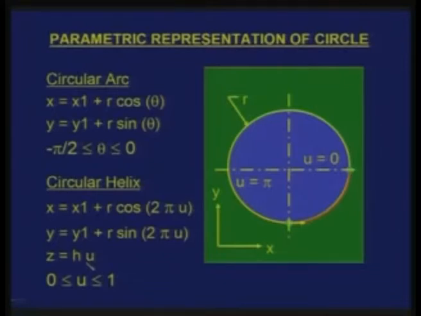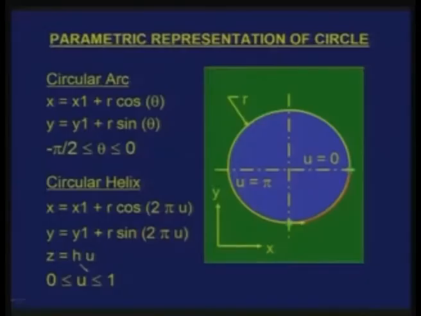That means the curve starts initially lying in the xy plane and slowly moves out of the plane, and it keeps travelling towards the planes z equal to other positive values, and the curve ends when u is equal to 1, when the z value is equal to h. So, this can be used to represent, for example, a circular helix.